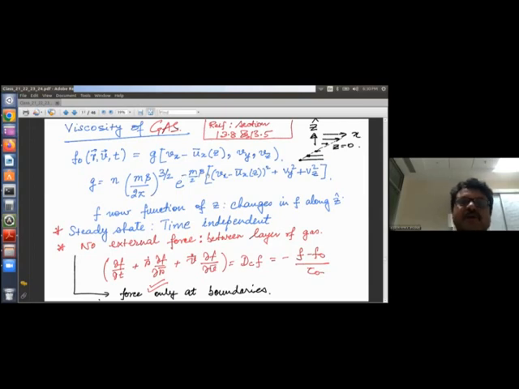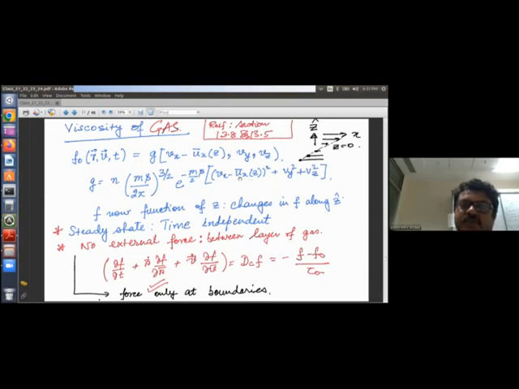So this distribution function came from the fact that the kinetic energy depends only on the velocities, and it's quadratic in the degrees of freedom. And here we are considering the fluctuations about the mean velocity of the fluid. So that's the equilibrium distribution function.